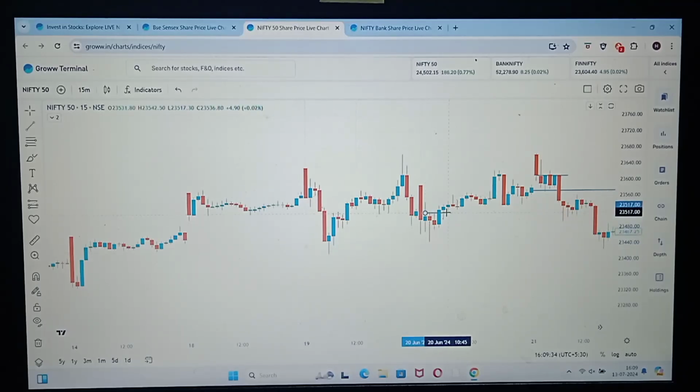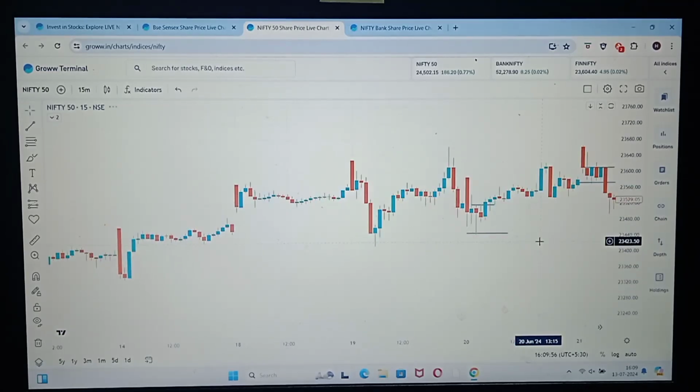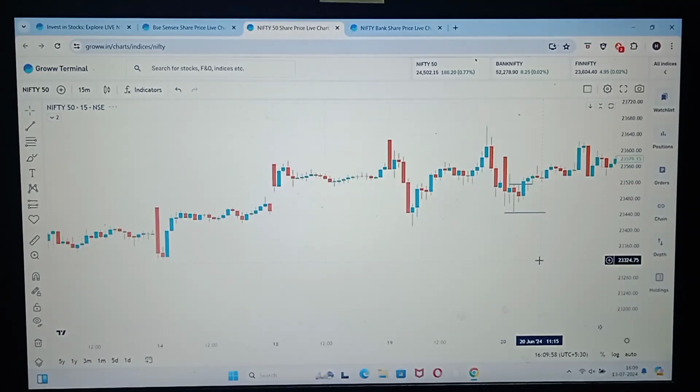Again 9:15 you can see. Got a trade here, an upside trade, a downside trade here. So here you can see at 10:45 a trade was initiated around the 23,521 level, from here a good 30-40 points for the day. Nifty, what happens in Nifty?